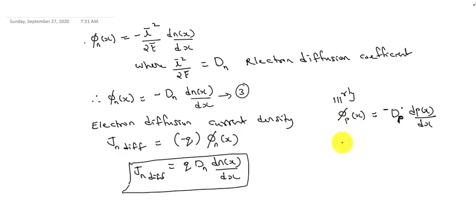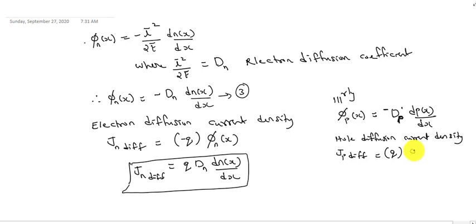Substituting this value in the hole diffusion current density, that is Jp diffusion equal to charge of hole, that is plus q, multiplied with phi p of x, which is equal to minus q into Dp into dp of x by dx.